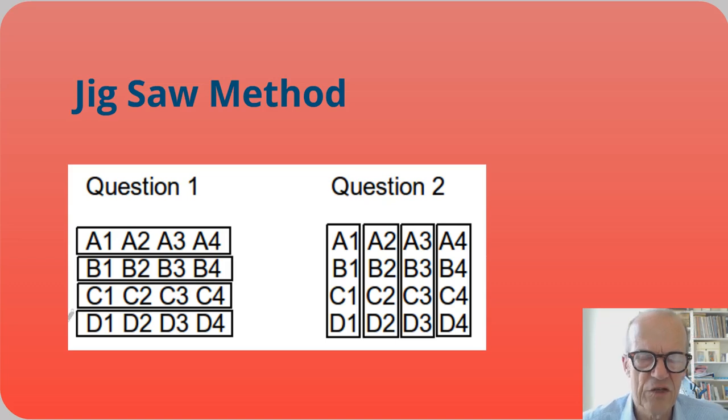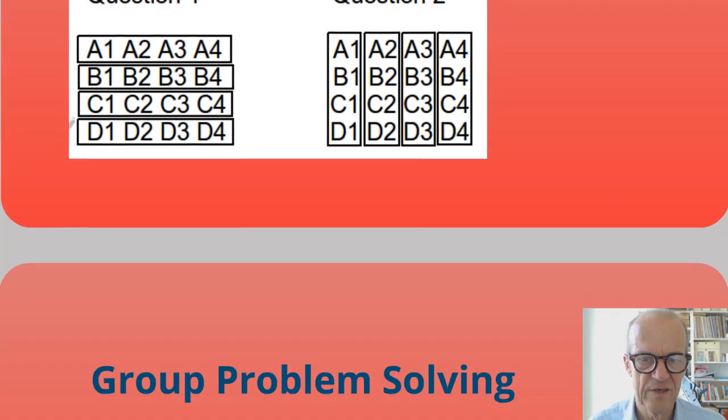You see, the jigsaw method is a method to arrive at such higher level reports, at a higher level of abstraction, because you rearrange the teams like it is shown here in this figure. Okay, so that's a very nice approach of cooperative learning, the jigsaw method.